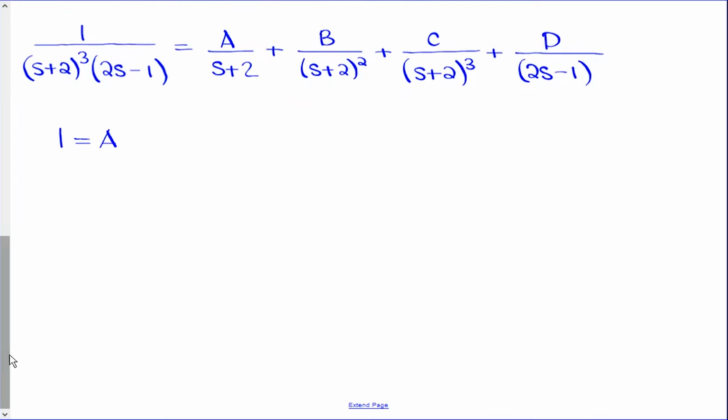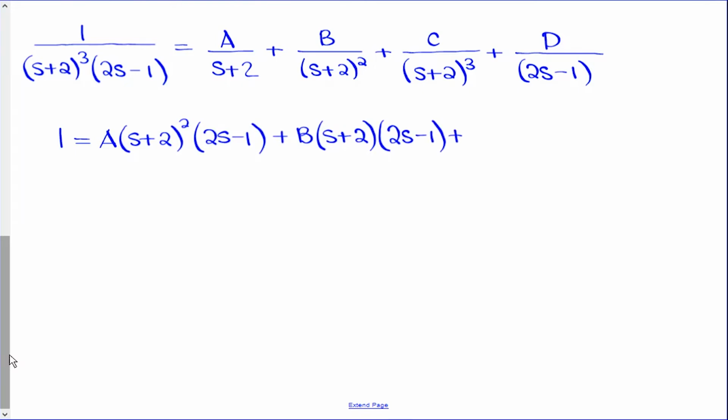If I put the right-hand side on a common denominator, then the numerator of that expression would be A times (s plus 2) squared times (2s minus 1), plus B times (s plus 2) times (2s minus 1), plus C times (2s minus 1), and finally D times (s plus 2) cubed.